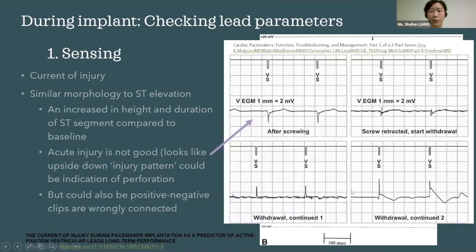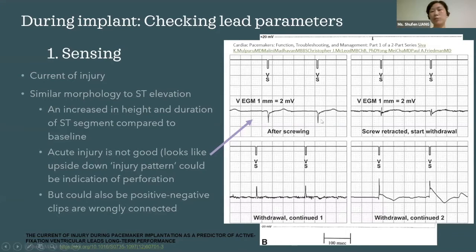What you don't want would be a negative injury pattern, which would be like an acute injury. This could be an indication of perforation. In this paper that I found, they had an acute injury after screwing. After they retracted the screw and withdrew back, the injury became upright, the normal current of injury.